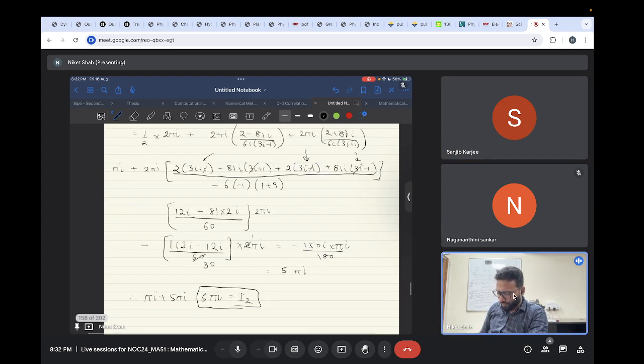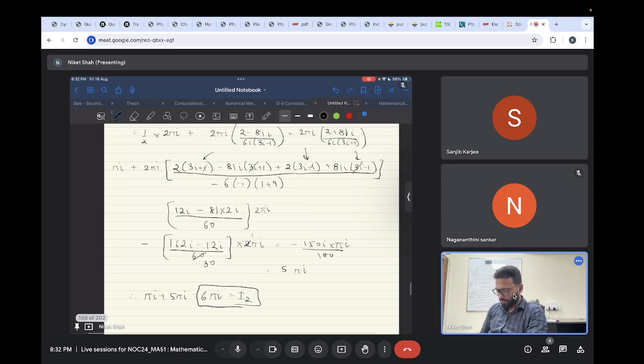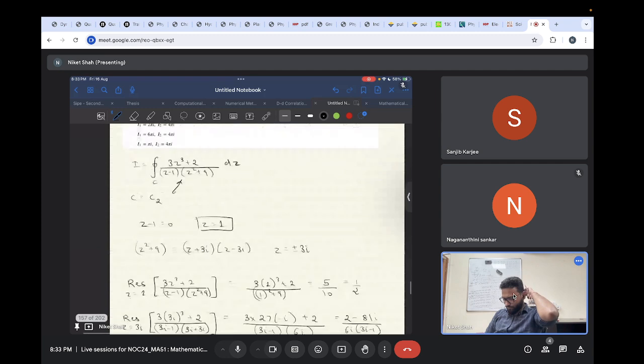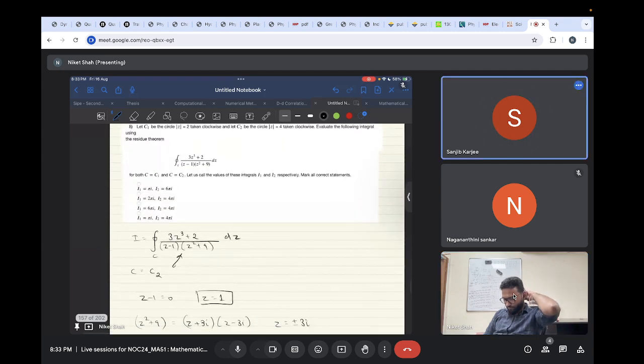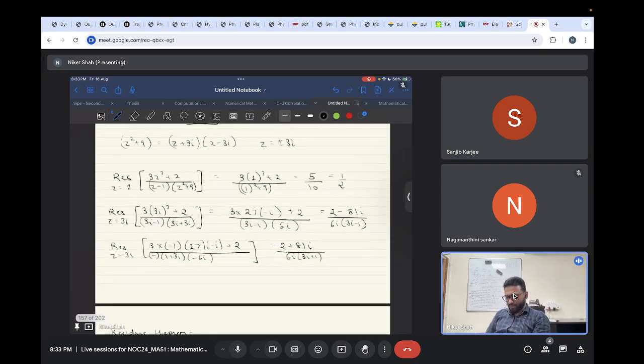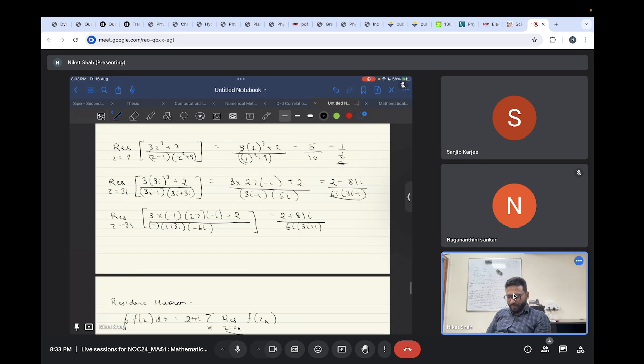So we took care of minus signs, right? You've taken care of minus sign. Here this is plus half, and here these are the values.